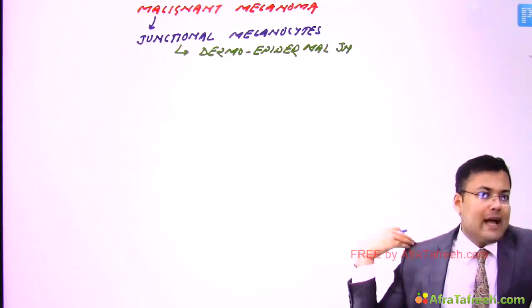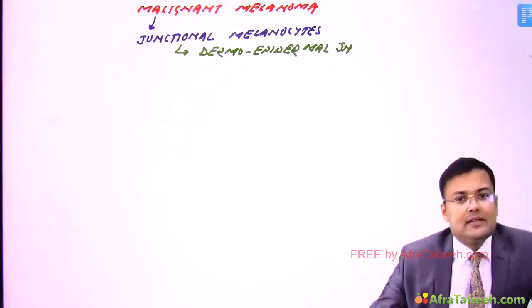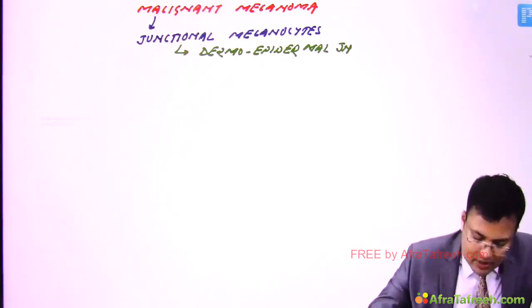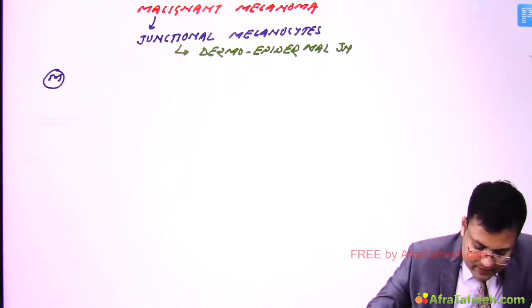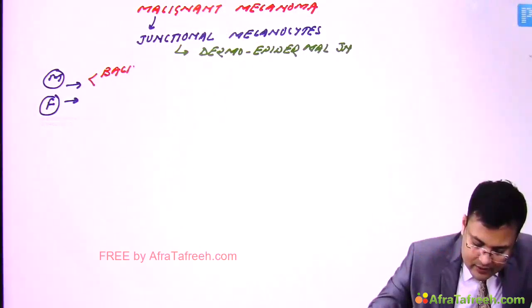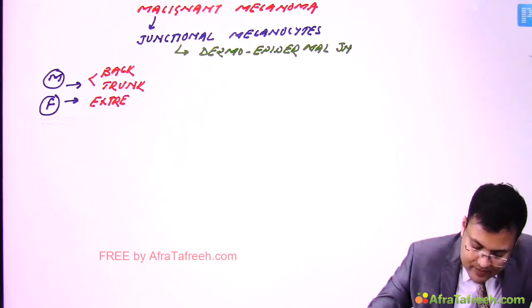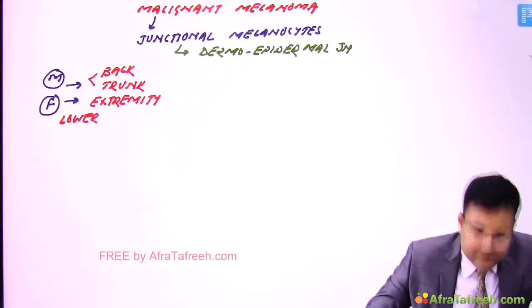In males it's the back or trunk, and in females it's the lower extremity. So the most common site in males is the back and trunk, and in females it's the lower extremity.